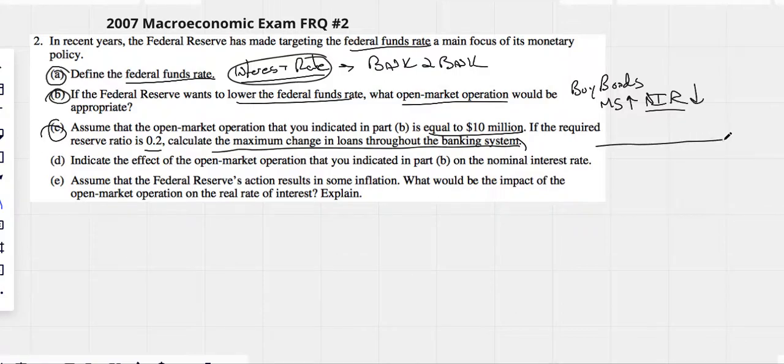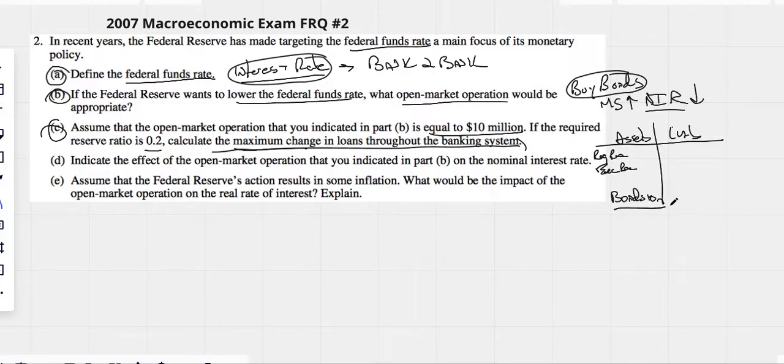Think of it like this: if we have our T account, and you want the maximum change in the banking system, and the Fed is buying bonds of 10 million, they would buy those bonds from the banks, right? Here we have liabilities and assets, and if this bank owns bonds of 10 million, we have required reserves and we have excess reserves.